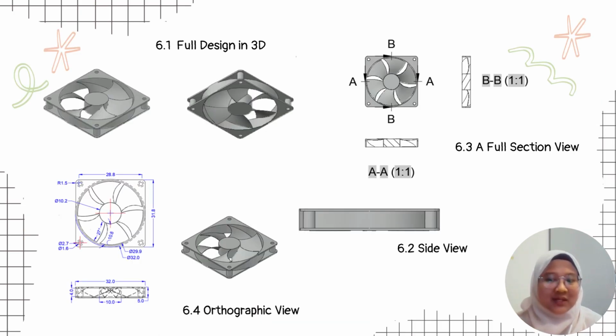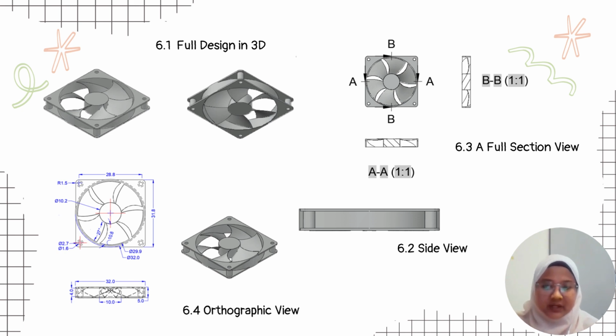As you can see from a full design in 3D, we chose to draw a CPU fan for our project. The primary purpose of a fan in a CPU is to provide effective cooling to prevent overheating. Next, the fan design should be practical in terms of size and compatibility with the CPU.